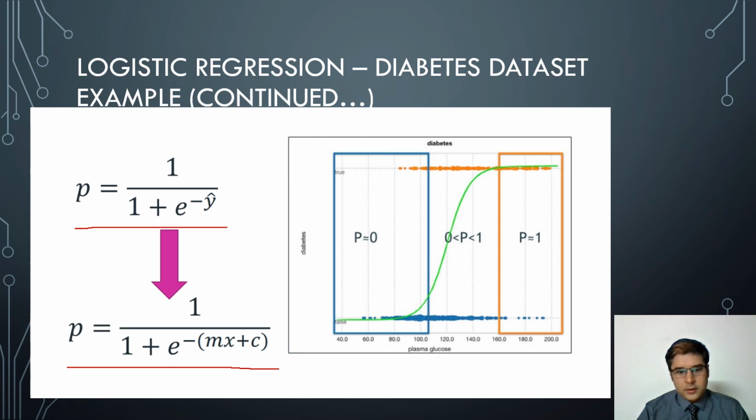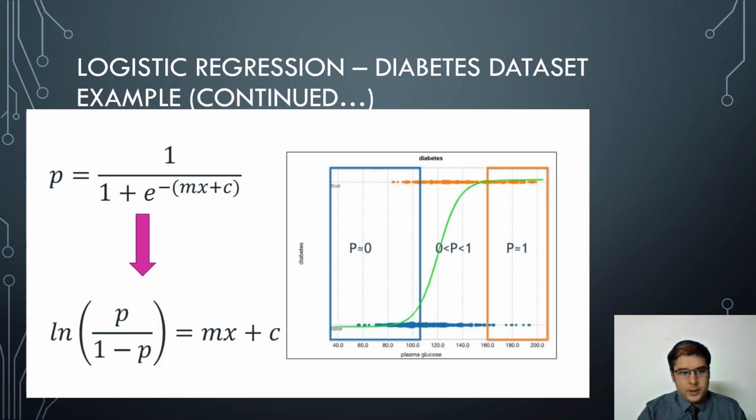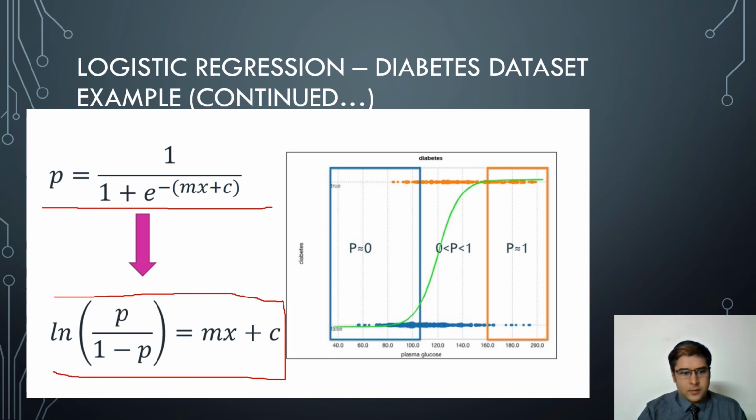Basically the curve is like this here. So the probability p of the dependent variable is this, which can further be solved to write this equation. This is the logistic versus linear regression comparison in this equation here.